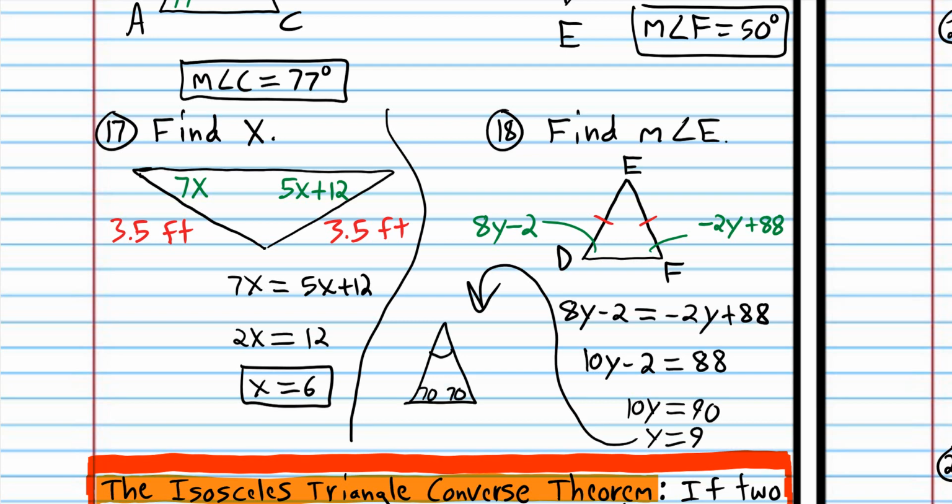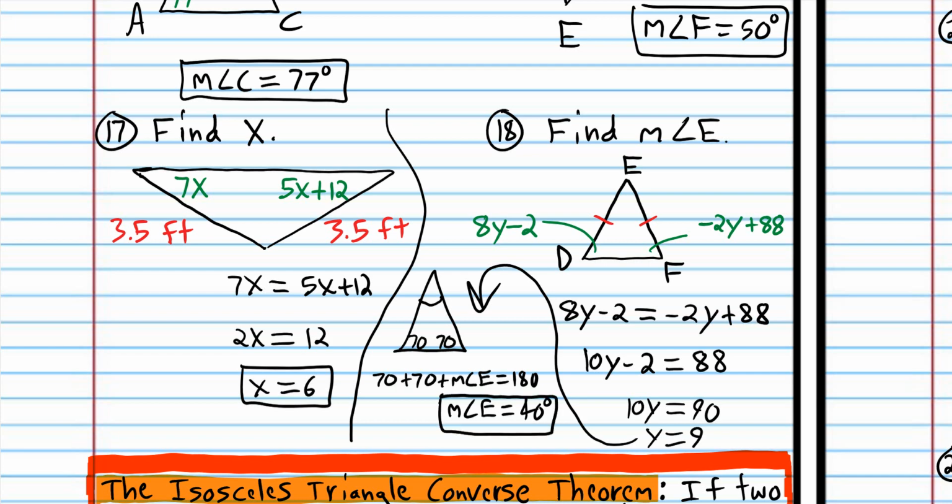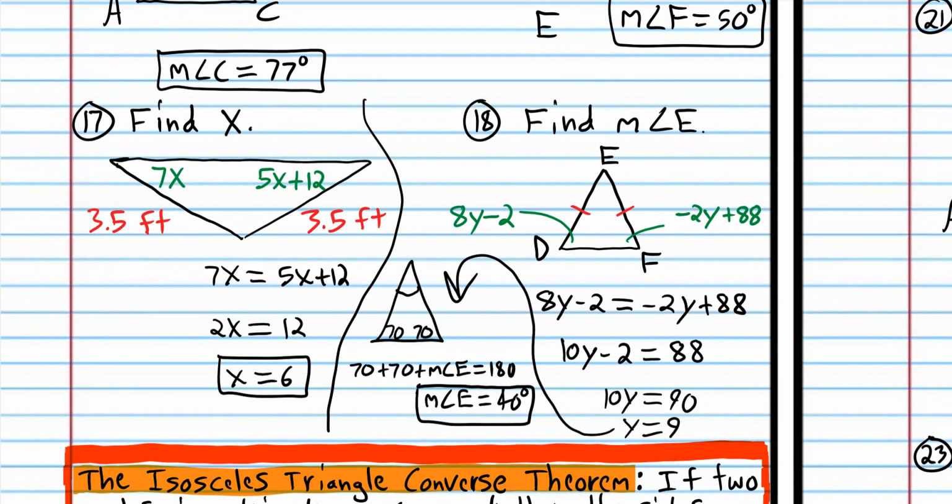So we just have to use the triangle sum theorem to find the measure of angle E. So 70 degrees plus 70 degrees plus measure of angle E is equal to 180 degrees. And doing the math on that, we can see measure of angle E must be 40 degrees. So we got 40 degrees, good job. If you didn't get 40 degrees, that's okay. Just go back and figure out what you did wrong.